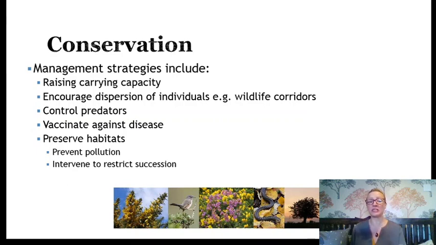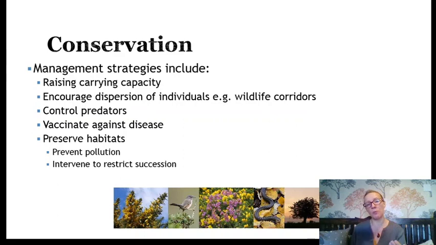And there are certain things that they want to try and do. They want to try and raise the carrying capacity of that population, so raise the maximum population that that organism could have. They want to encourage the dispersion of individuals, so create things like wildlife corridors for those organisms to be able to move if you've got habitat fragmentation taking place, for instance.